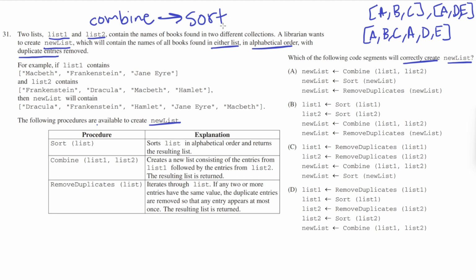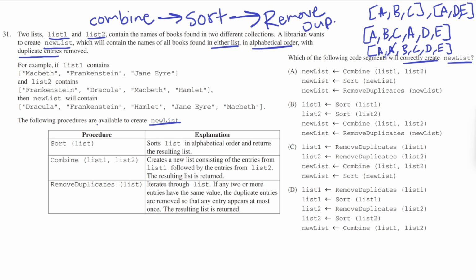Actually, you could either sort the list or remove duplicates first, but we can just sort first. So this would put everything in alphabetical order. So A is first, they're both at the beginning, and then B, then C, then D, then E. Now that the combined list is sorted, we can remove duplicates.